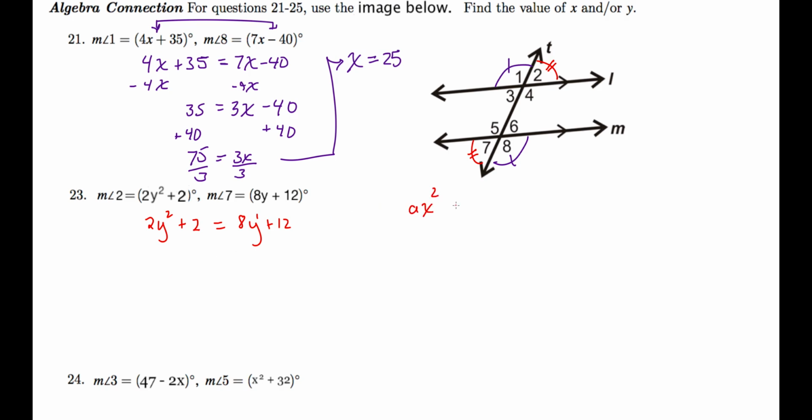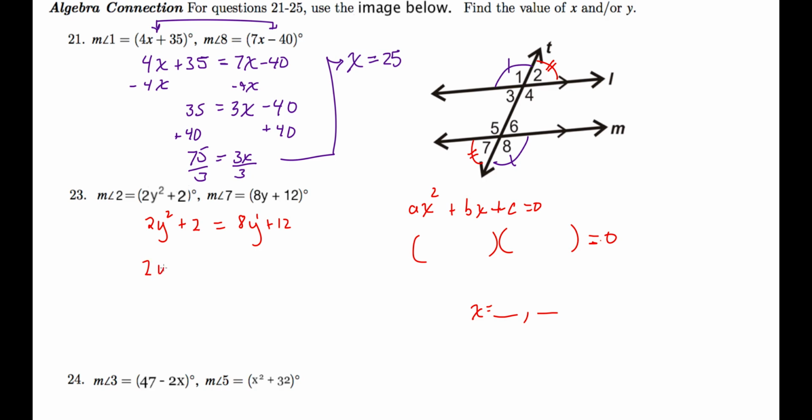Standard form is ax squared plus bx plus c equals 0. And then we can factor this trinomial into binomials and use the multiplicative property of 0 to get our two answers, our roots for the equation.